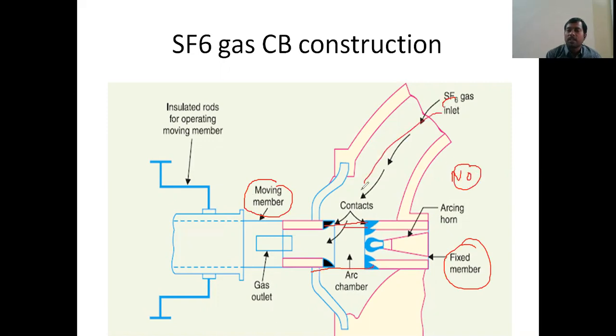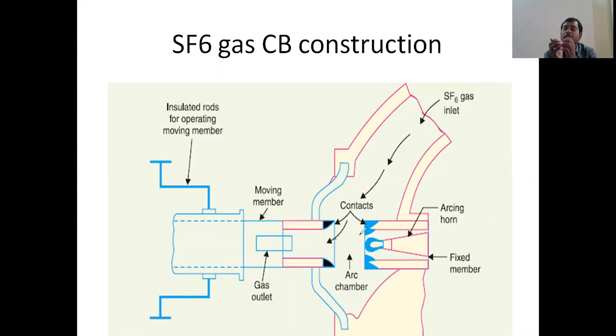The SF6 gas surrounds the arc chamber and the fixed and moving contacts with high pressure. In the abnormal condition, whenever a fault occurs, the moving contact will be pulled by the mechanism with the information from the relay.